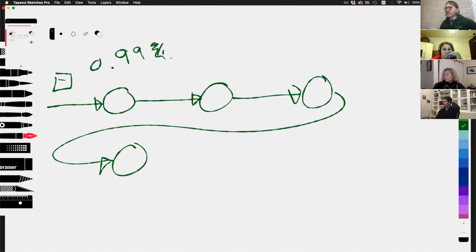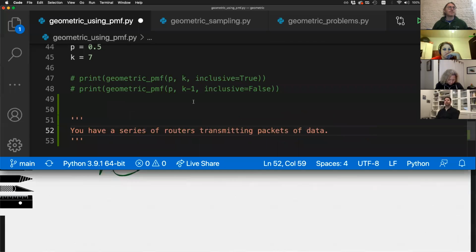And so here's a case where we actually want to think of success as being this failing, right? The packet being lost at one of these routers.